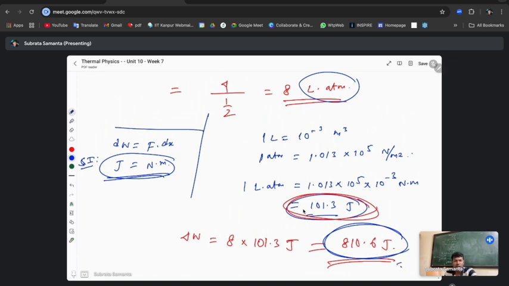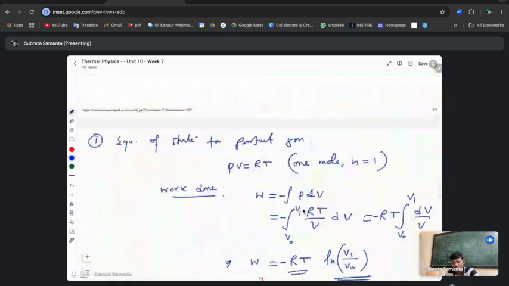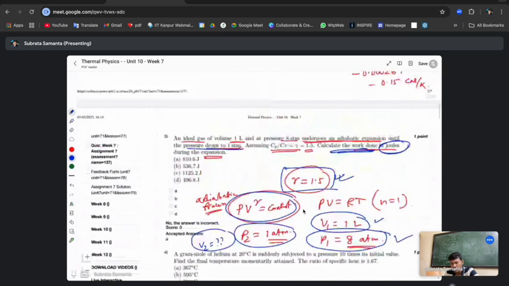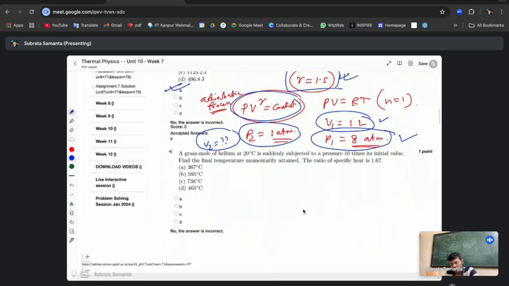Now let's check the answer. 810.6 joule. Check the options in the problem. Problem number 3, the first option, 810.6. So option A is correct. So now the fourth problem.